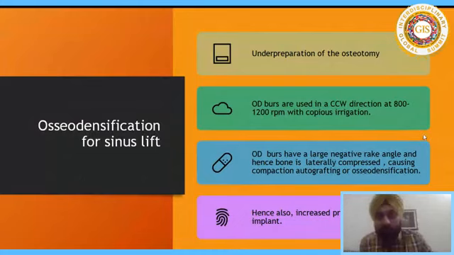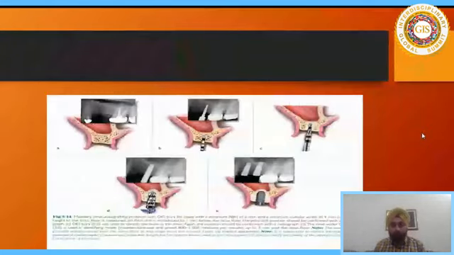Osteodensification burrs have a large negative rake angle, hence the bone is laterally compressed with no chatter at all, causing compaction autografting, or osteodensification, and hence it increases the primary stability of the implant. We could easily say that we convert D3 into D2 and D4 into D3. So that helps in increasing the primary stability.